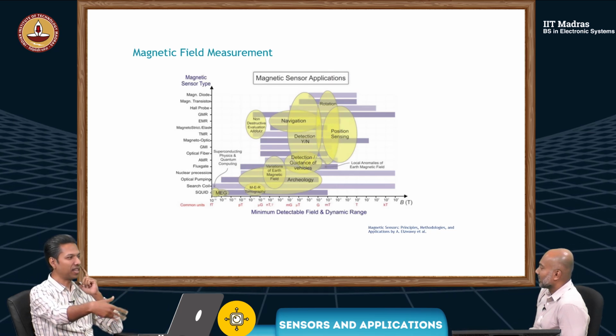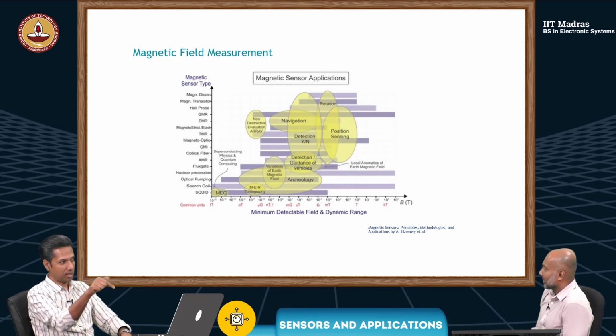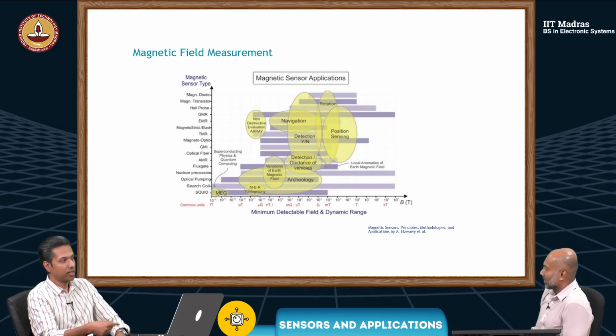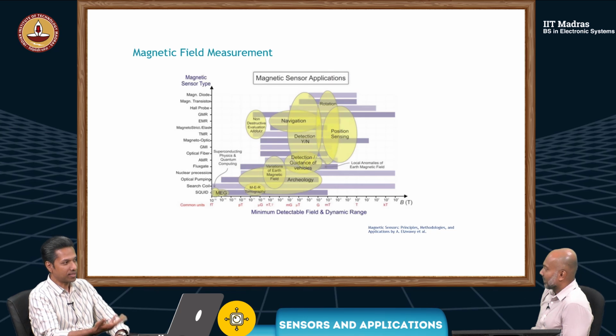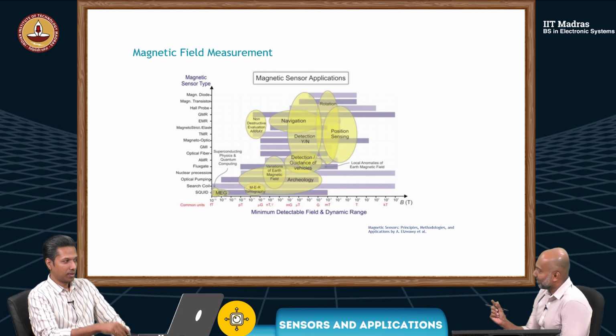To find mining fields. For example, if such small variations in the magnetic field are what they are going to look at, then it needs better sensitivity. Yes. Sensitivity and good resolution.